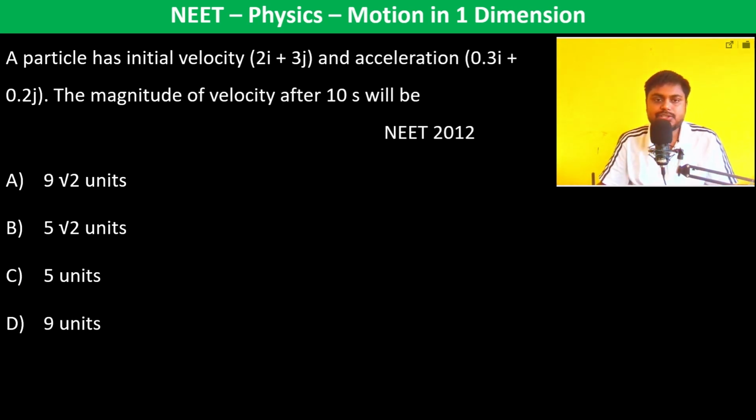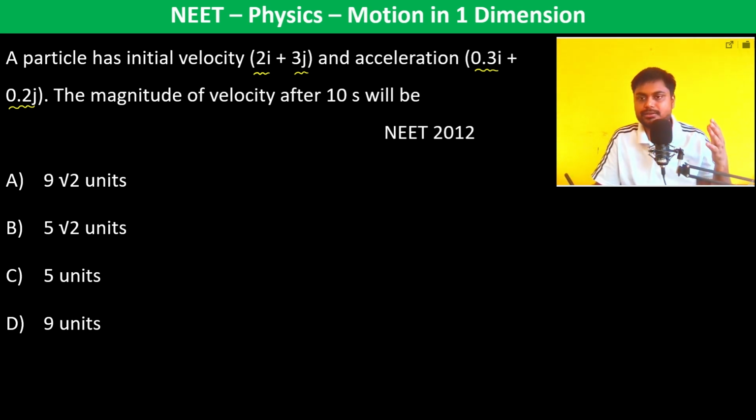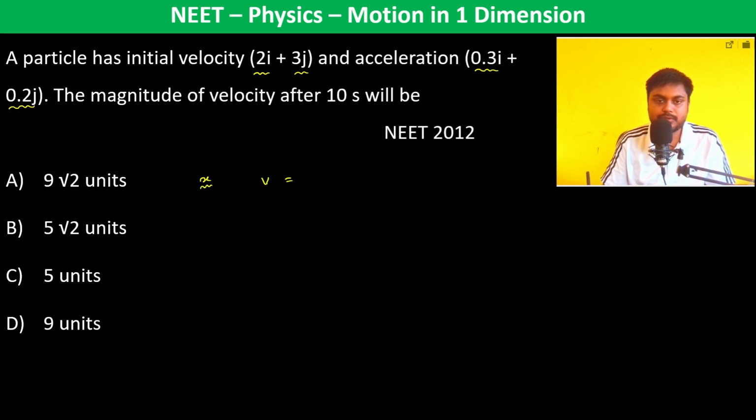A particle has initial velocity 2 i cap plus 3 j cap, and the acceleration is 0.3 i cap plus 0.2 j cap. The magnitude of the velocity after 10 seconds will be? We can clearly see that this is the initial velocity, and acceleration is also constant. So let us see for x direction. We have v is equal to u plus a into t.